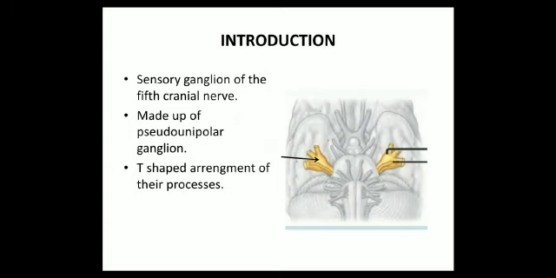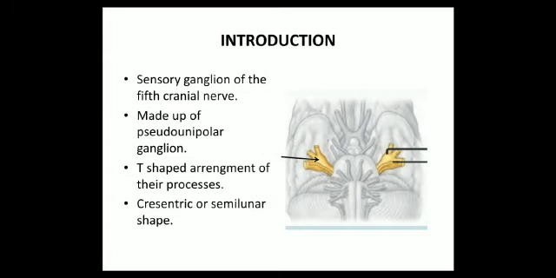So, these cells are arranged in the form of T-shaped. The processes of these unipolar cells will be in the form of T-shapes, with the one process arises from the cell body and then divides into central and peripheral processes.